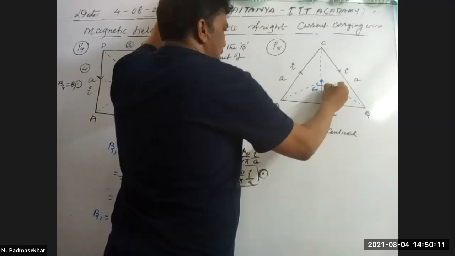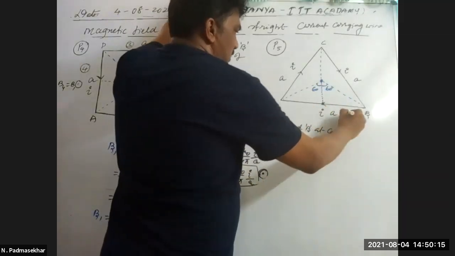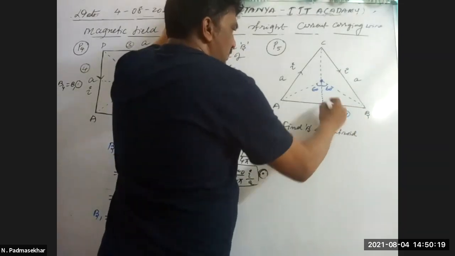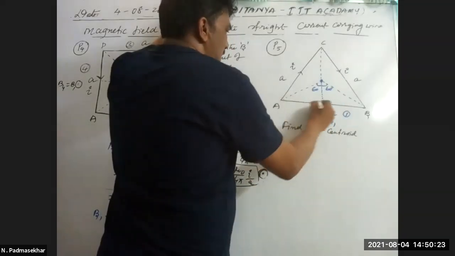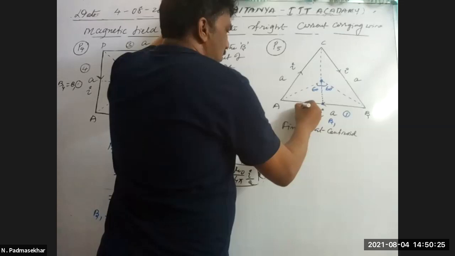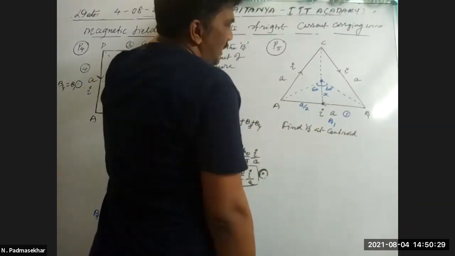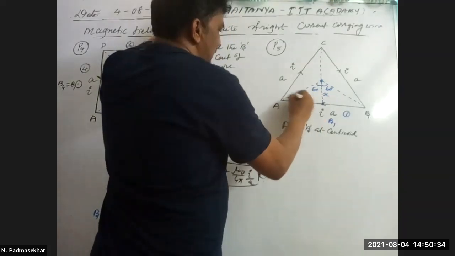This is 60. So first, due to this one current carrying conductor, the magnetic field is B1. Now we need this distance. This is a by 2. Let this be x. How to get this x? This is exactly 30 degrees.